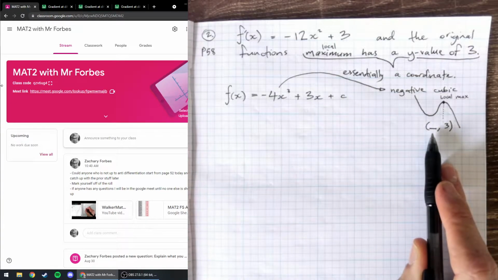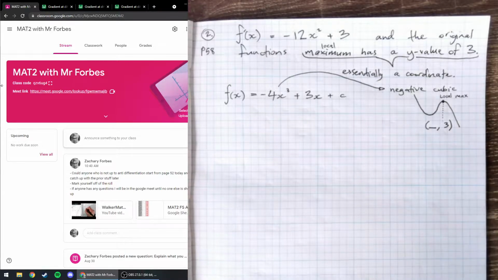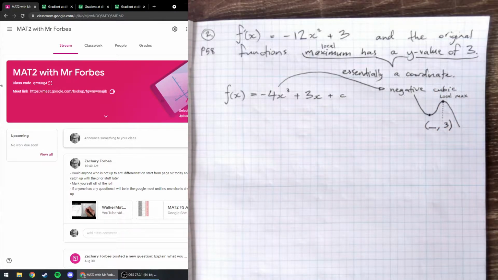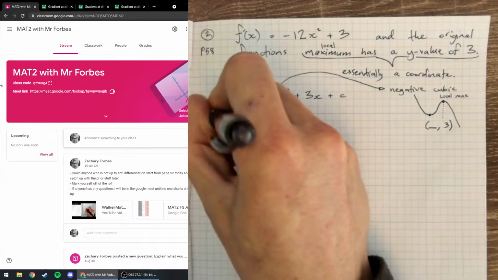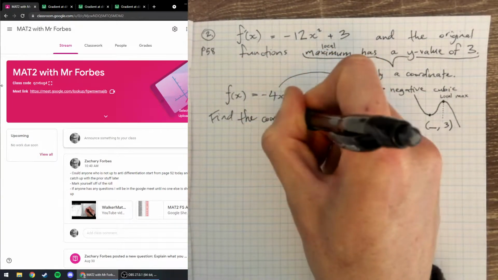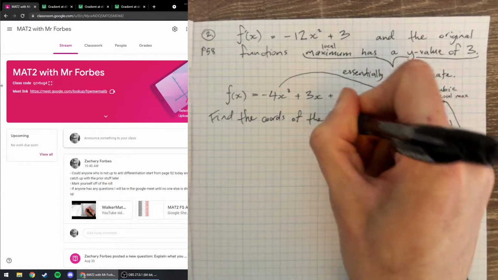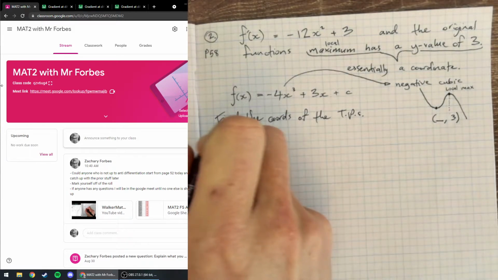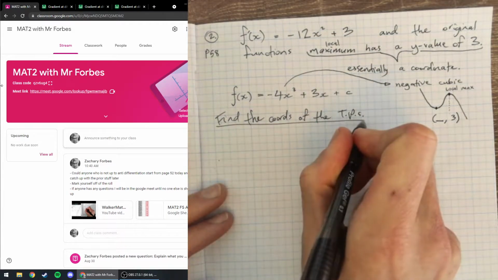So how are we going to find this? Well, it turns out that if we do calculus, we can find the coordinates of turning points quite easily. How do we find turning points? Find the coords of the TPs. So we're going to have to go back to some derivative stuff, right? How do we find the coordinates of the turning points?